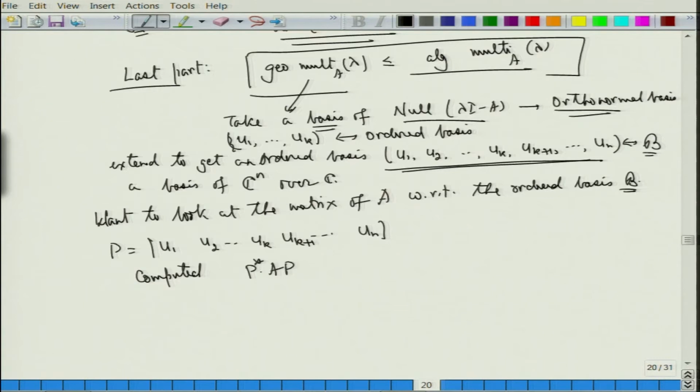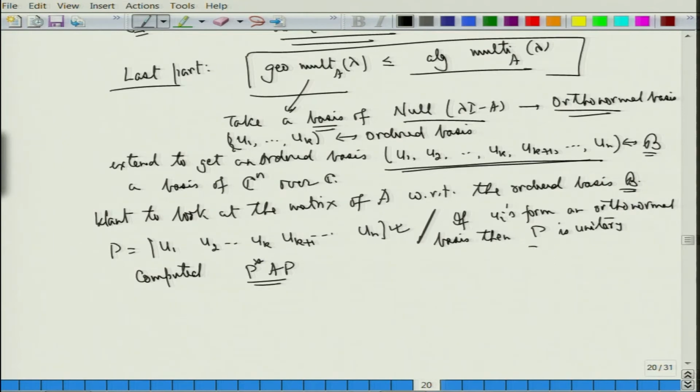We took orthonormal basically because we wanted to compute P star AP, because if B is not an orthonormal basis, then the matrix P... if the ui's form an orthonormal basis, then the matrix P that I have defined here is unitary, and P unitary implies P star is the same as P inverse. All right, fine.